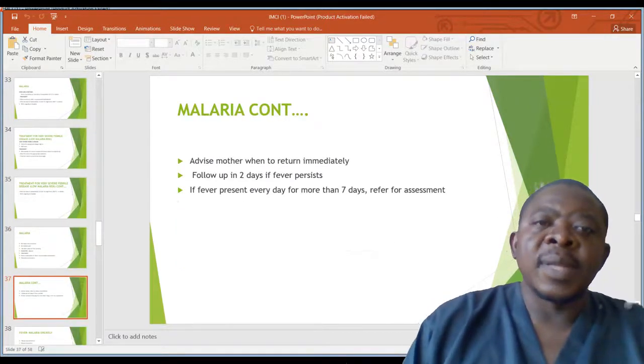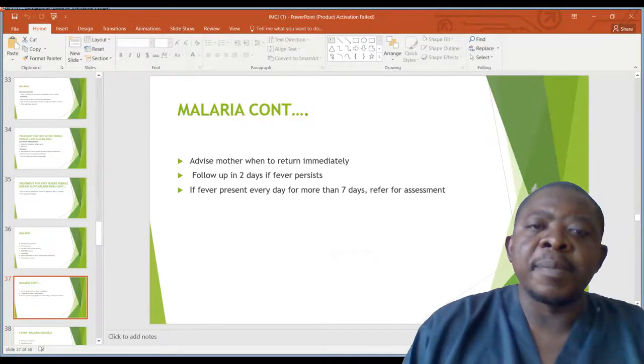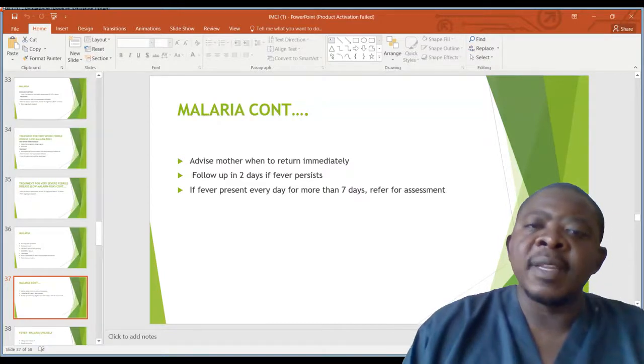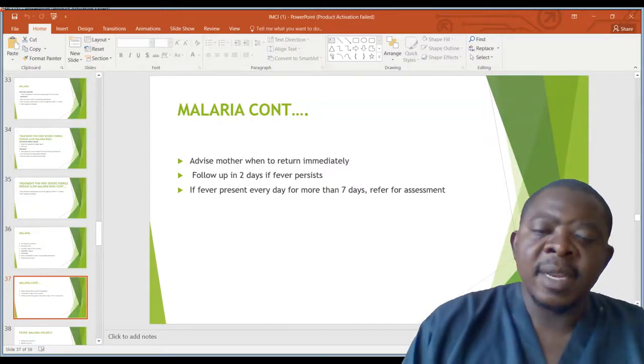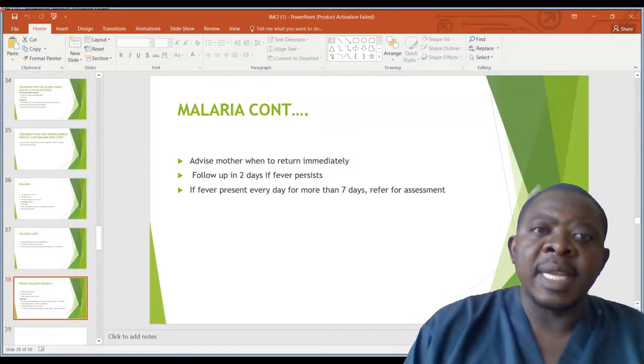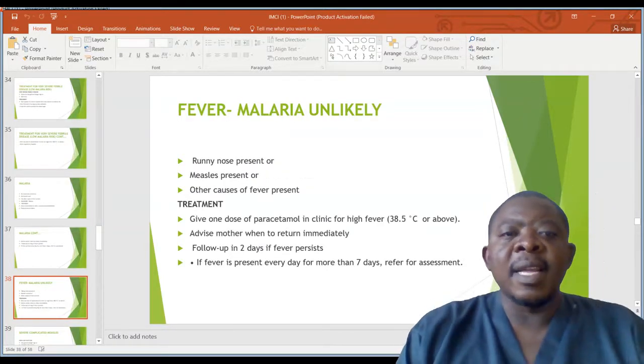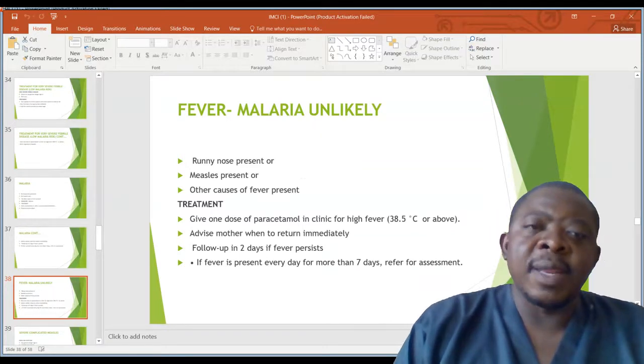So you can advise mother when to return and follow up in 2 days if fever persists. If fever is present every day for more than 7 days, then the child needs to be referred for further assessment.